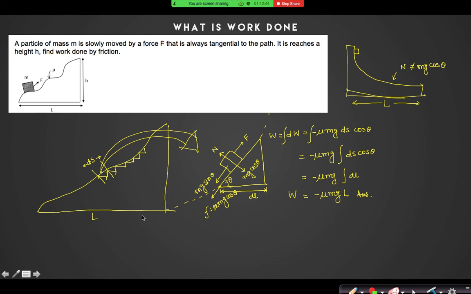Yes or no? This straight line is part of a circle which has a radius. The radius is not infinity. So you cannot neglect mv square by r if there is some velocity. That is why I am saying it is not always minus mu mgL. It is a particular case where you get this answer.